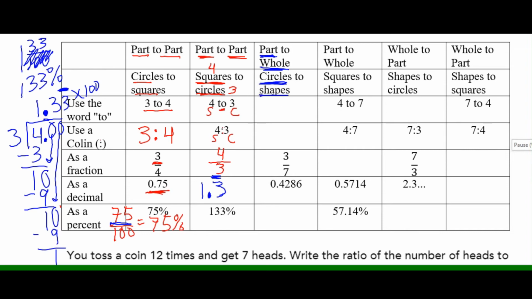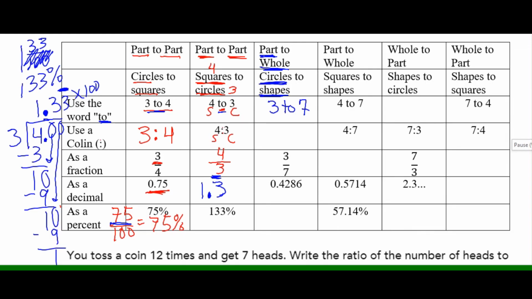So the part that represents the circles is 3, and then the total number of shapes was 7. So this is a part to whole ratio for circles to shapes.